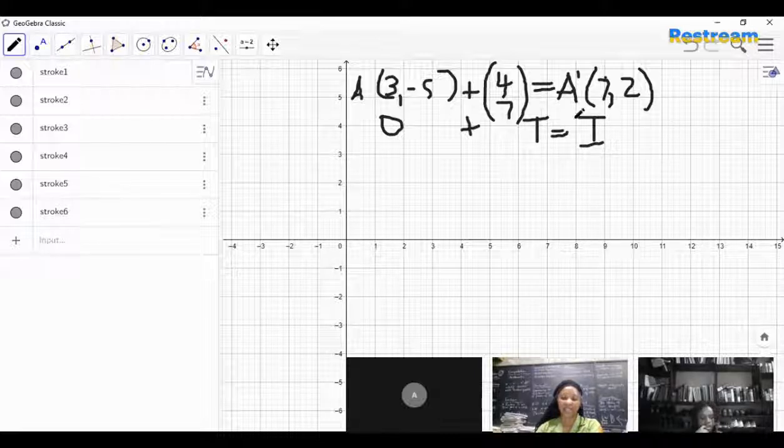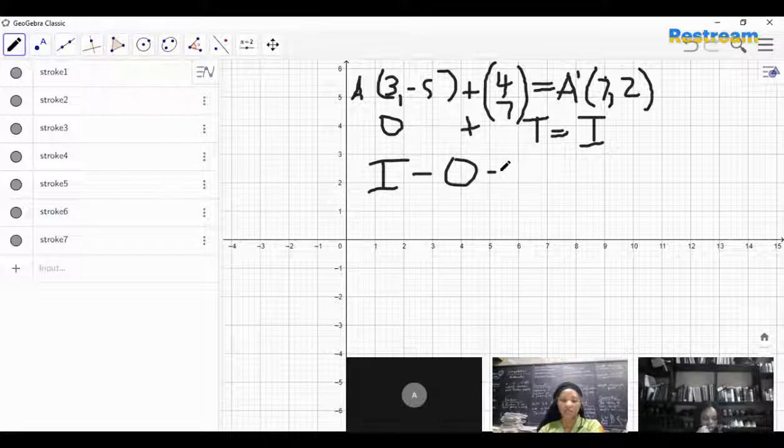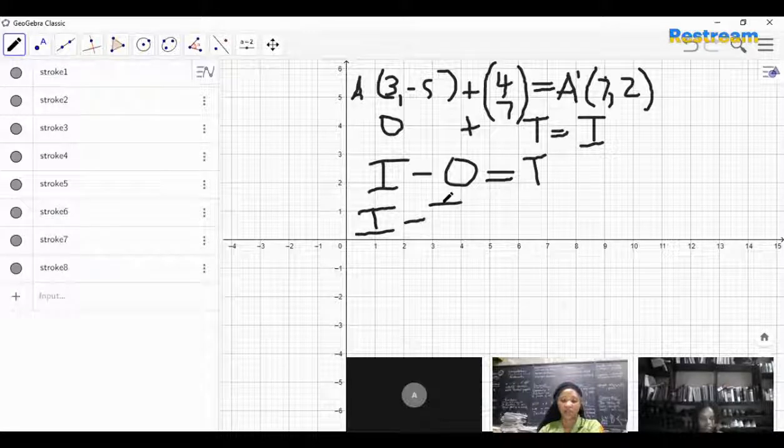Which follows that if you have the image and the object and you want the translation, you subtract the object from the image to get the translation. If you have the image and the translation and you want the object, you subtract the translation from the image to get the object.